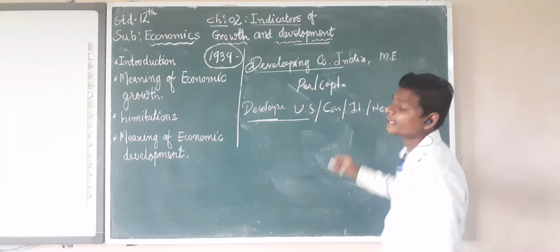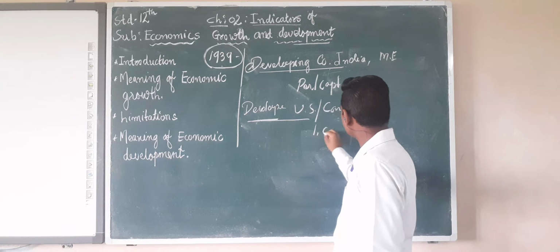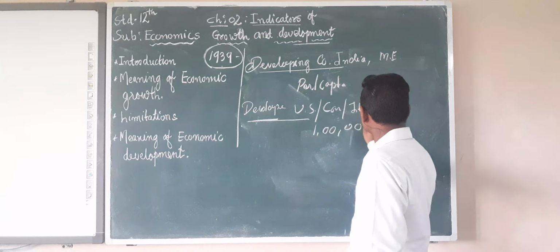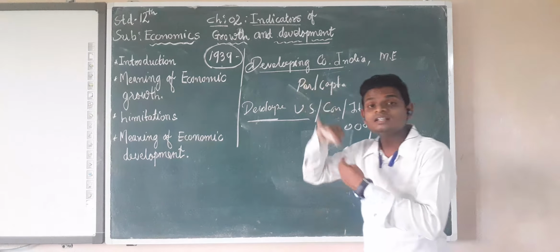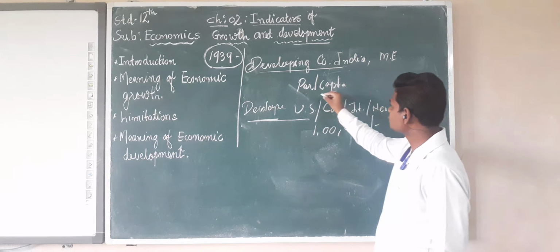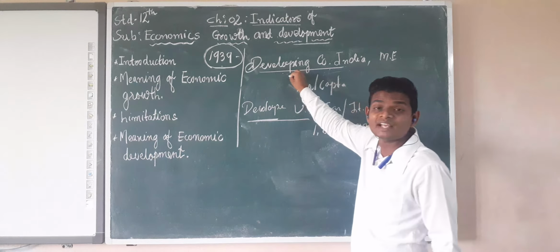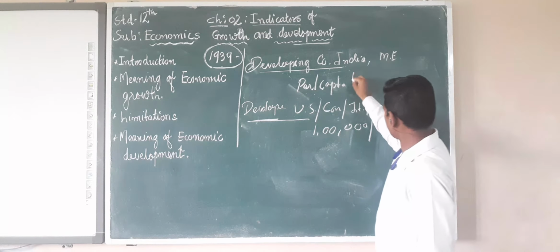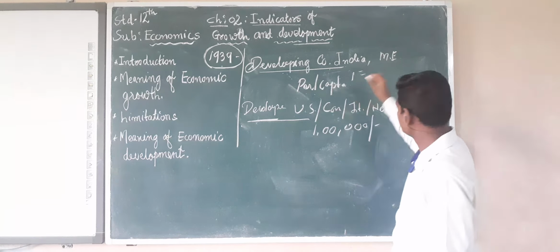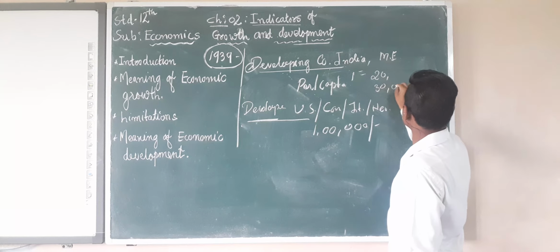Suppose the per capita income of the developed country is around 1 lakh. But on the other side, once you notice the per capita income of developing countries like us, the per capita income is around 20 to 30,000 only.